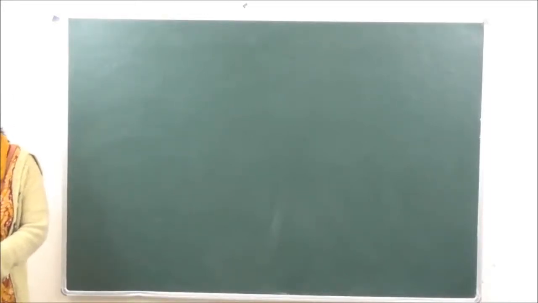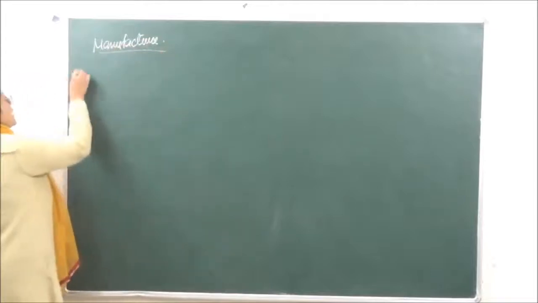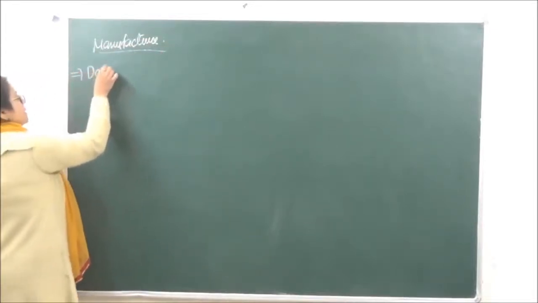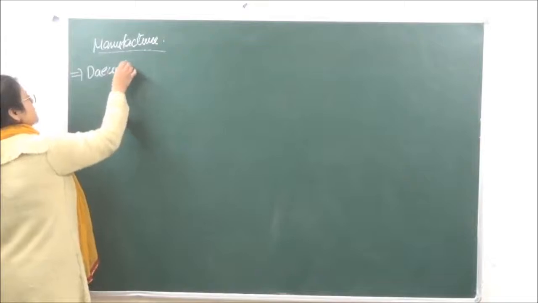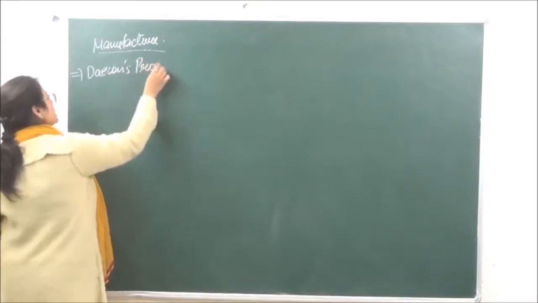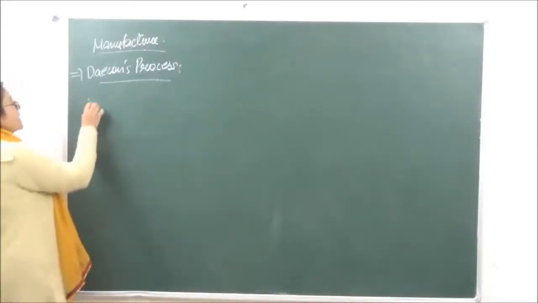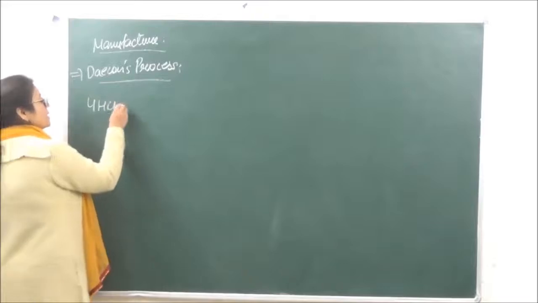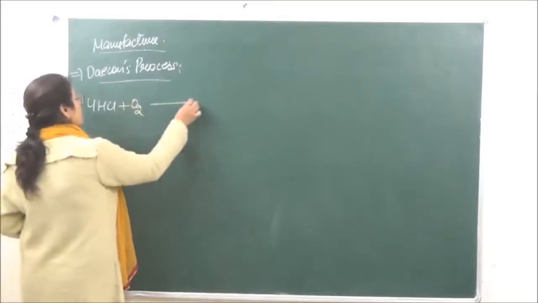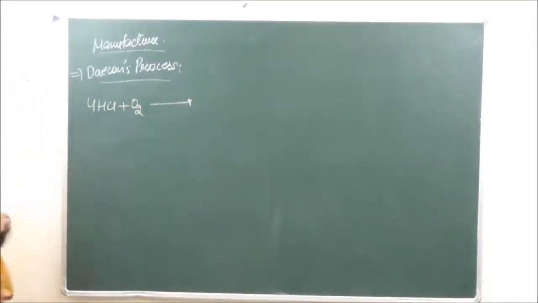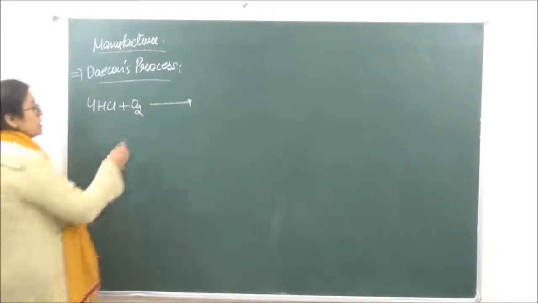The first one is done by Deacon's process. In Deacon's process, we are going to oxidize HCl with oxygen in presence of a catalyst, which is CuCl2.